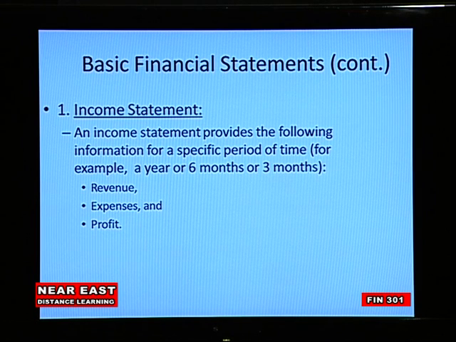Income statements provide the following information for a specific period of time, for example, a year, 6 months, or 3 months. Income statements include revenue from sales of goods, revenue from services, and also expenses. For example, advertising expenses, administrative expenses, marketing expenses, and expenses associated with the operating activities of the company.